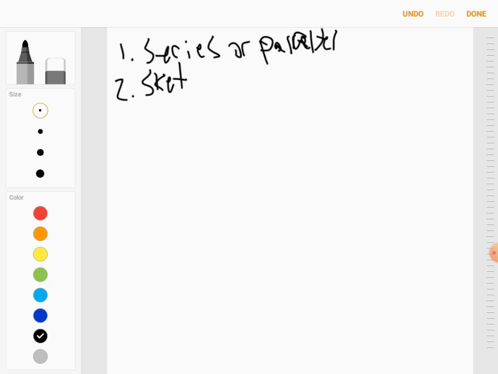If it already is sketched, then you don't need to do that, and I'll show you how to do that. Then you'll need to write out the 4 rules for that type of circuit.